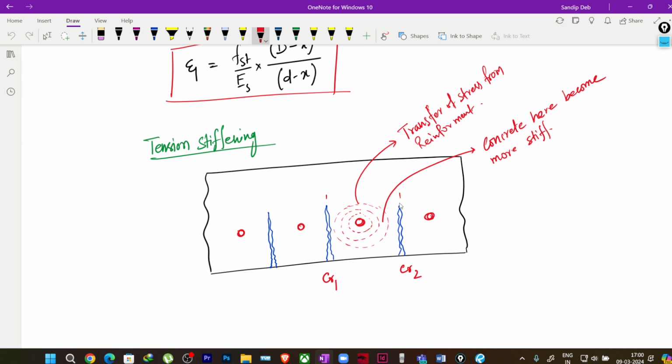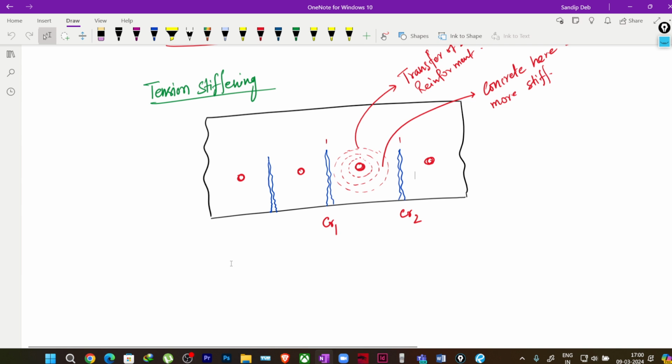So due to the increase in the stiffness in the concrete, what is happening, the stress which was there in the concrete, we have calculated ε1, we see some reduction in the strain. Sorry, this is strain, so I'm talking about stress.